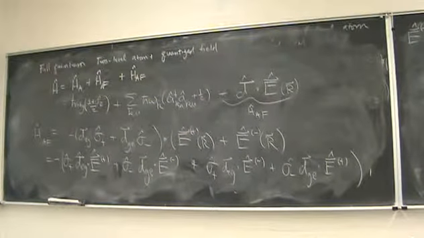This could be, for example, e to the i k dot r over the square root of the volume.